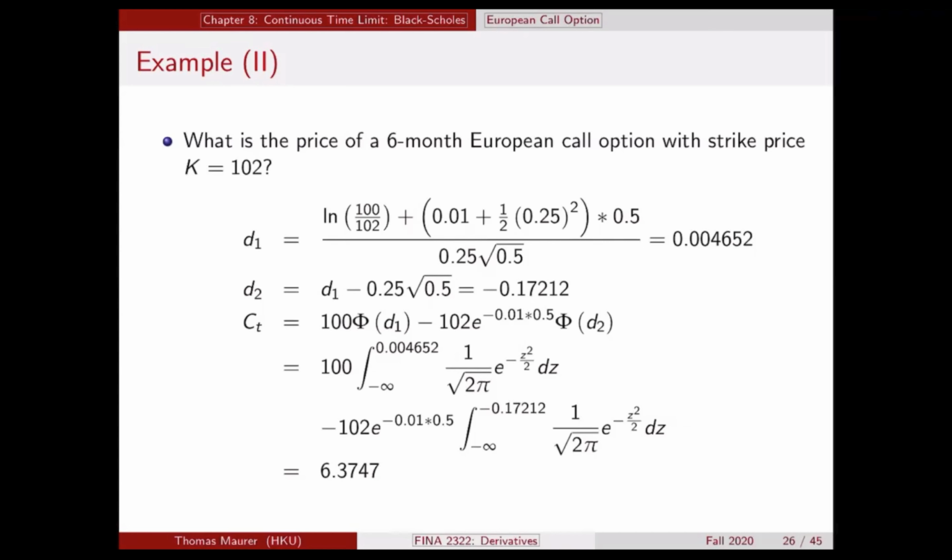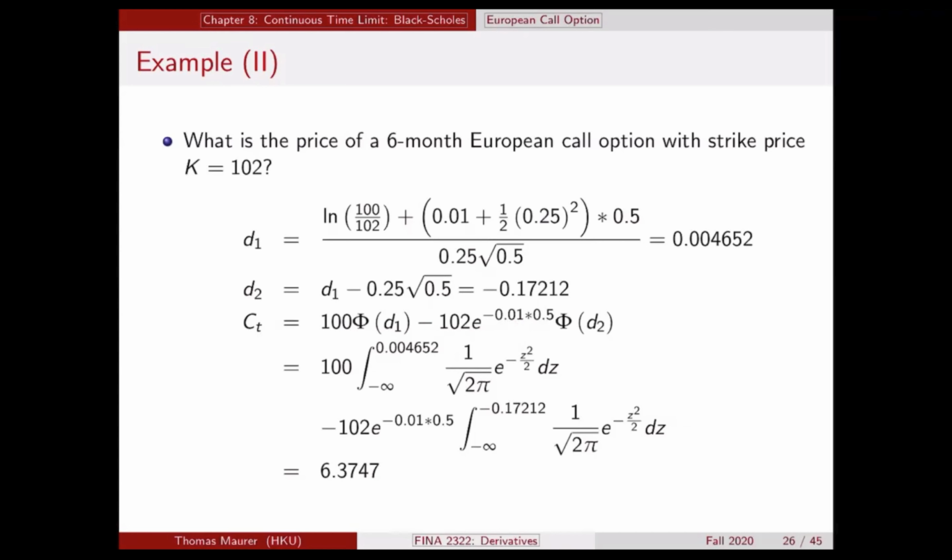Now we need to plug that into the Black-Scholes formula. The Black-Scholes formula for the call says the call value is the price of underlying asset, so that's the present value of what you get if you exercise the option, times the probability that you're actually in the money under that Q star probability measure. That's the same as having that standard normally distributed variable being less or equal to 0.04652. And then minus the present value of the strike price.